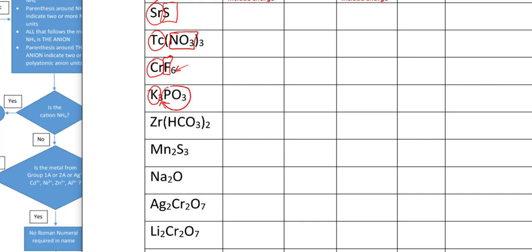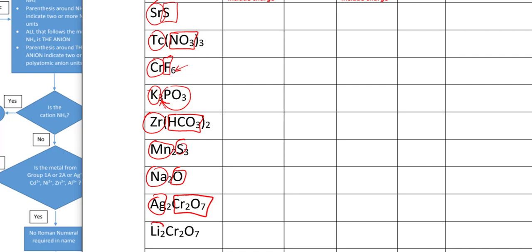So this is the 1 polyatomic ion. Here is the 1 metal cation. Here are 2 polyatomic ions, CO3. Here are 2 cations, 3 monatomic sulfide ions, and 2 sodiums, 1 oxide. Here's a fun one: 2 silver cations and 1 polyatomic anion.